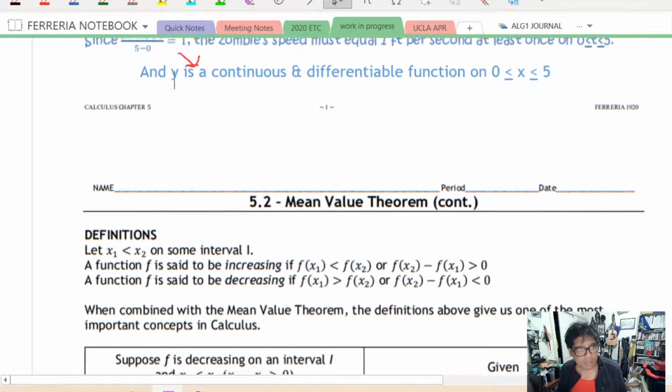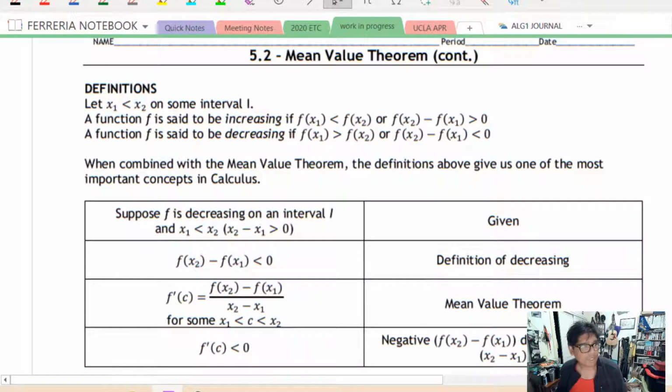So let's move on. Let's see what we have here. Some definitions. Okay, if we know that x2 is bigger than x1, we're going to have the definition of increasing right now. I bet you didn't think you'd need a definition of increasing.